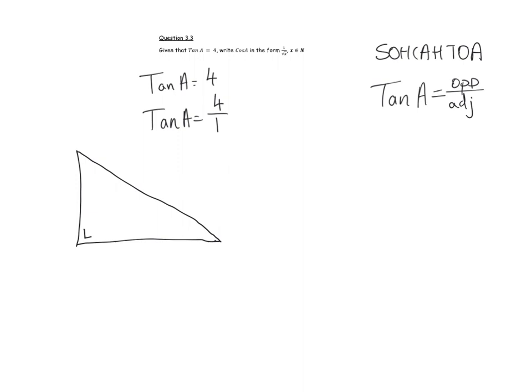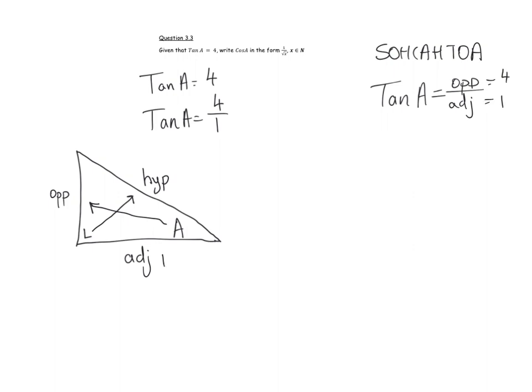we have the right angle here, and we have the angle A. So the side opposite A is the opposite side, and we can see it here. Then the side opposite the right angle is what we call the hypotenuse, which we can see here. And then the final side is the adjacent. Filling in what we know, the opposite is 4 and the adjacent is 1.